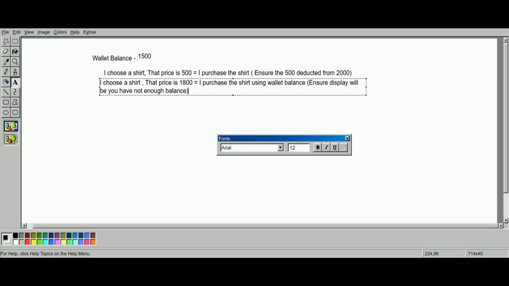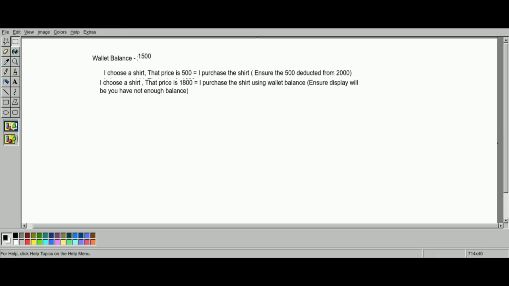Okay, because I chose a shirt from Myntra, the price is 1800, and I purchased the shirt using wallet balance.